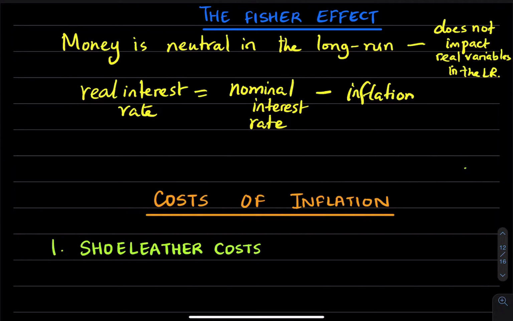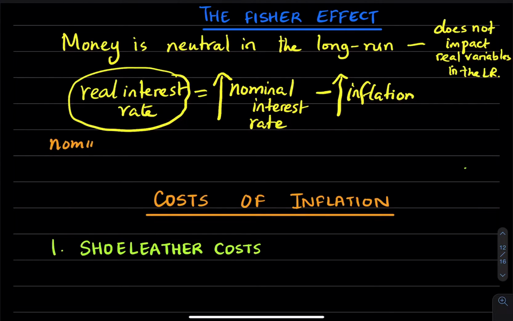Now, in order for the left-hand side not to change, anytime the Federal Reserve increases the nominal interest rate, inflation would also have to increase, and it would adjust one for one.